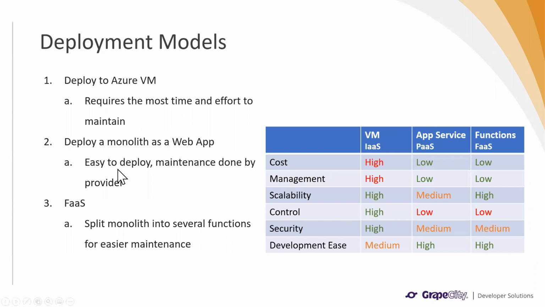Now, when you have this monolith, you're stuck with the architecture that you built this application with. If you wanted to scale that application further, then the best thing to do is to split that monolith into several functions, and create more of a function as a service, more of a FaaS type of architecture.